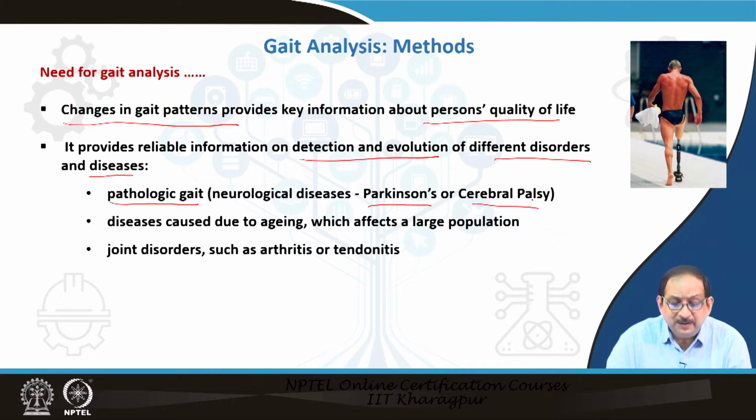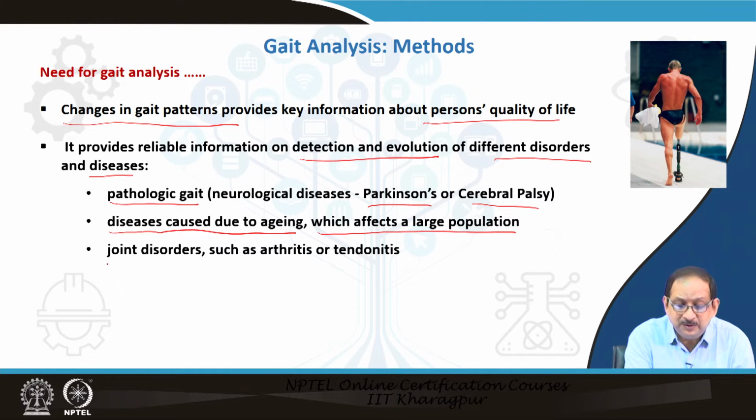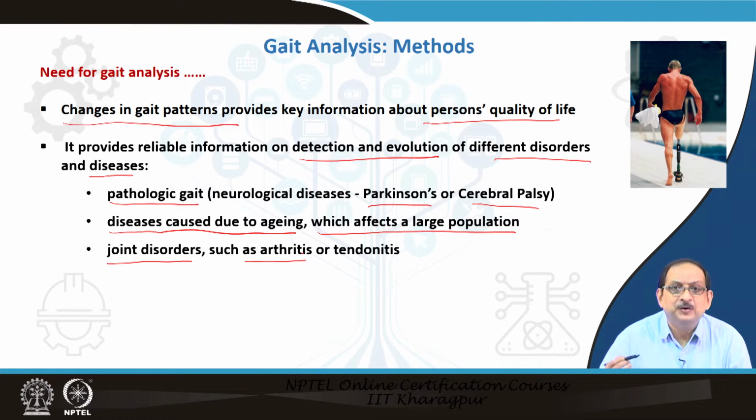Apart from that, gait analysis provides reliable information on diseases caused due to aging, which actually affects a large population. It provides important information on joint disorders such as arthritis, osteoarthritis, and rheumatoid arthritis, as well as tendinitis.